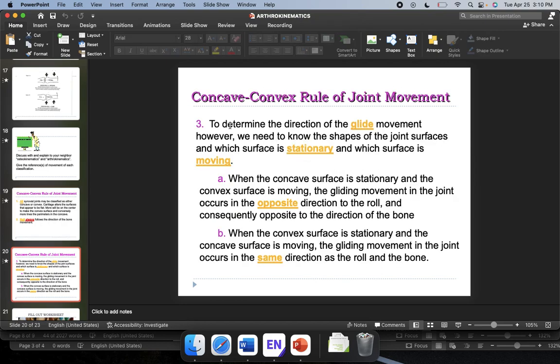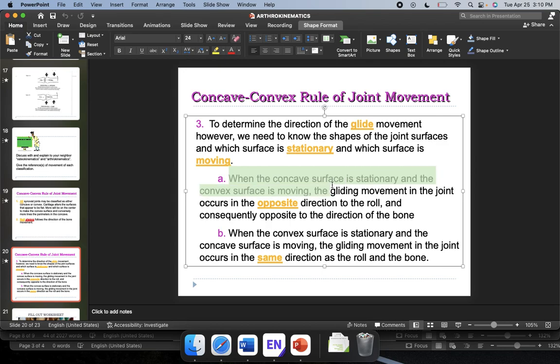With the roll established, we can now move into establishing the direction of our glide. When the concave surface is stationary and the convex surface is moving, the gliding movement in the joint occurs in opposite directions. This is going to be an example of the shoulder.